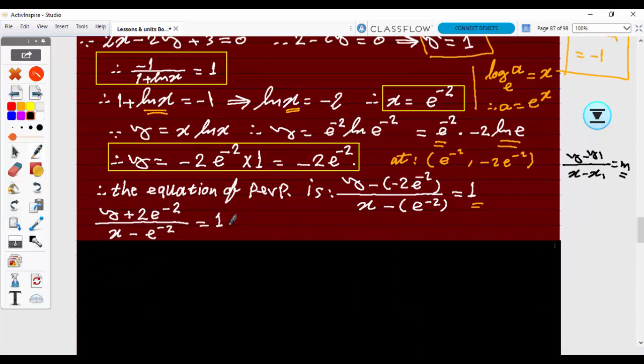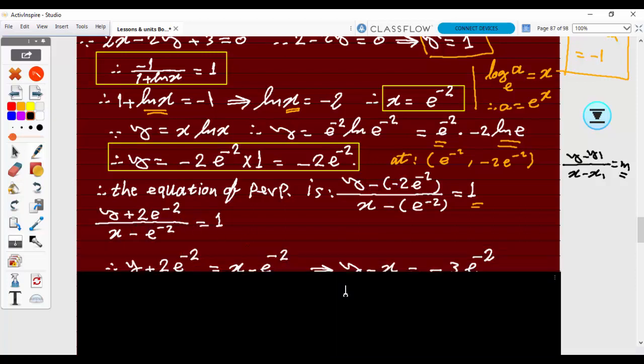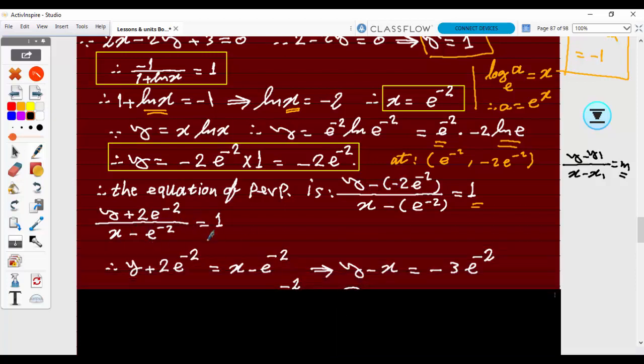Now negative multiplied by negative is positive, so we simplify it. Cross multiplication gives y plus 2 e power -2 equals x minus e power -2.